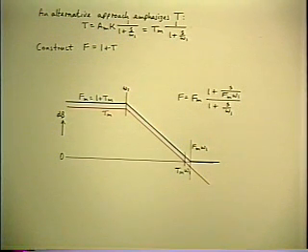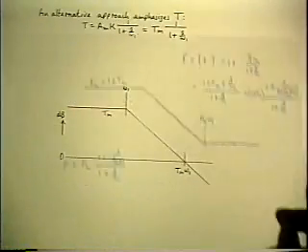The second derived quantity is easier. That's how to find D. D is T over 1 plus T, or T over F.